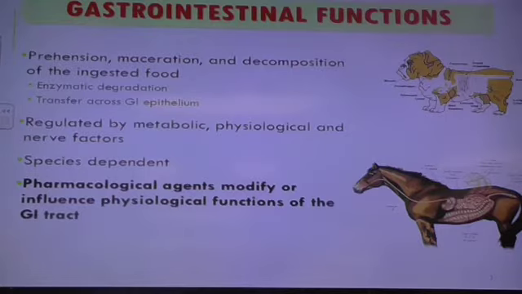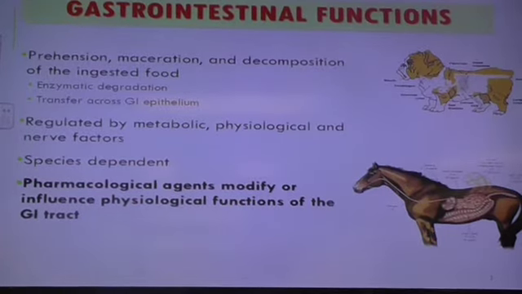During that process, it needs enzymes and a mechanism to squeeze the content through the GI tract, and the GI tract is regulated by the metabolic system, physiological system, or even the nervous system.